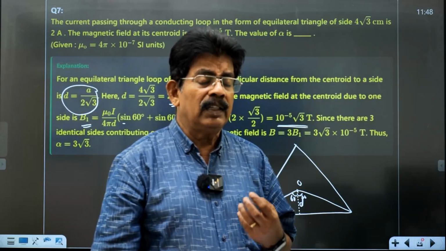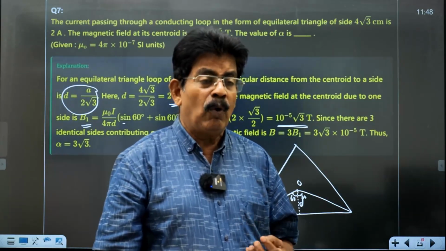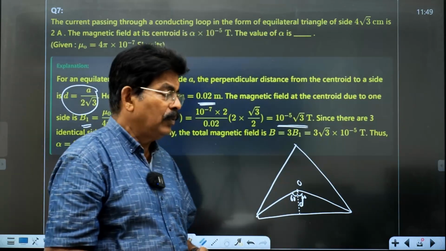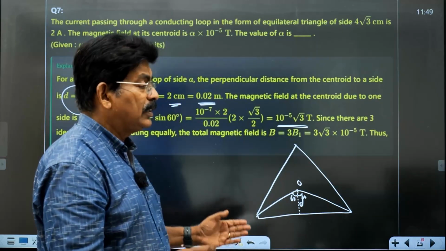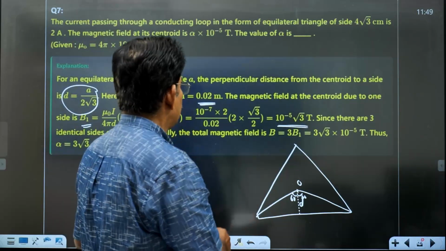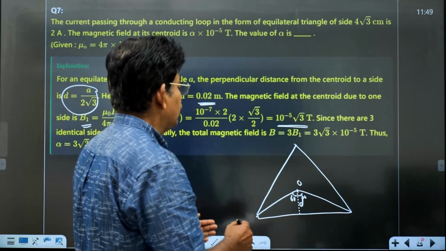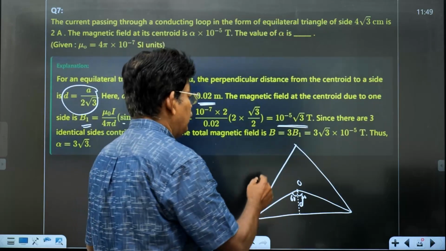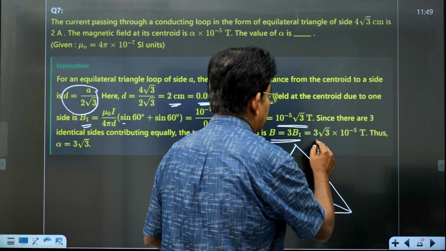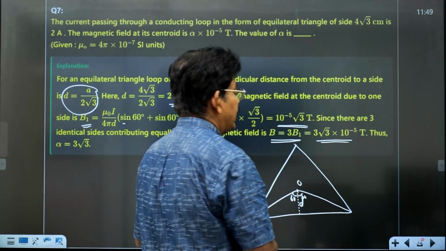Either an equilateral triangle, square, whatever it may be, within a point the field contribution due to each segment will be added up. Here all the segments are symmetric, all of the same length, 4 root 3. So the magnetic field due to each segment will be the same. Total field will be 3 times B1, that is 3 root 3 into 10 to the power of minus 5 Tesla.